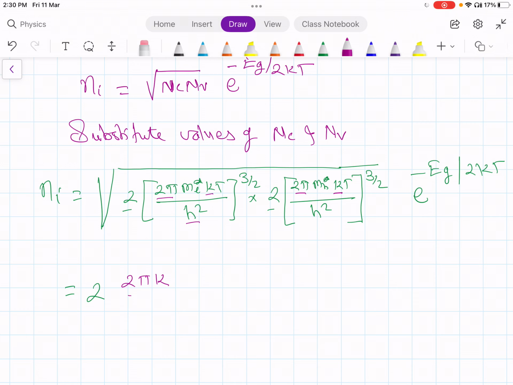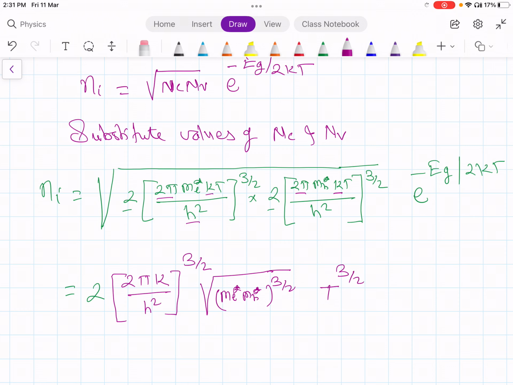Then in the square bracket, me star mh star raised to 3 by 2, and then this T raised to 3 by 2. This is T and this T. We are taking it out of the square root into e raised to minus of Eg upon twice kT.